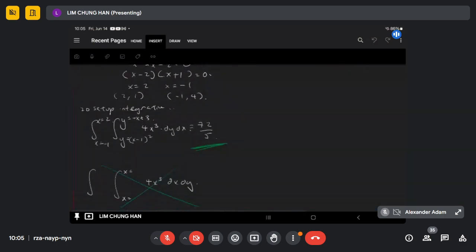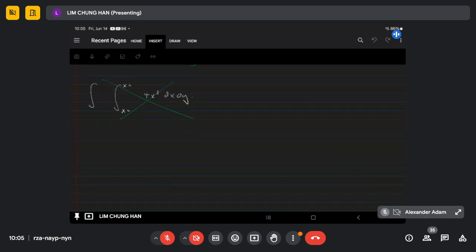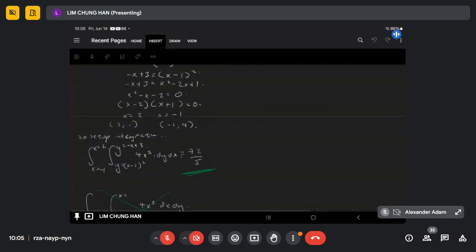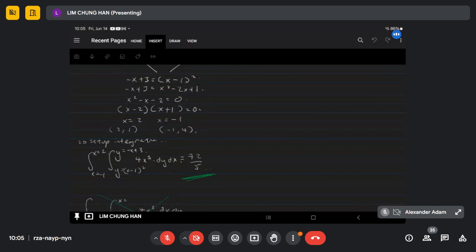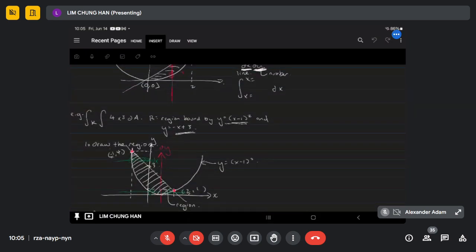Right. So today we are going to attempt to finish everything up. So we stopped at this example on Monday. Today we will look at a few more examples.